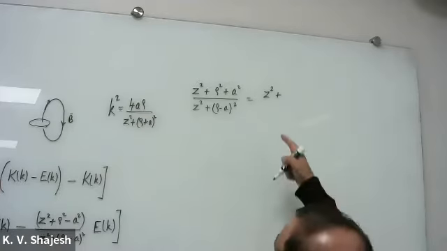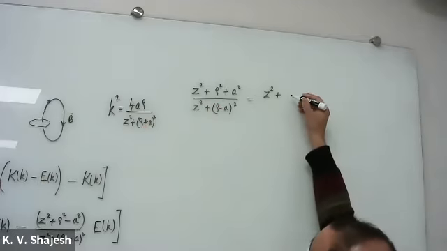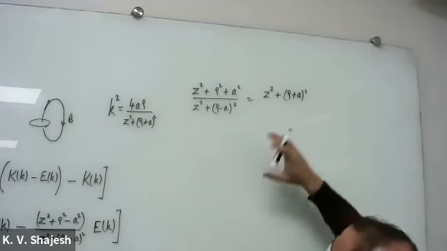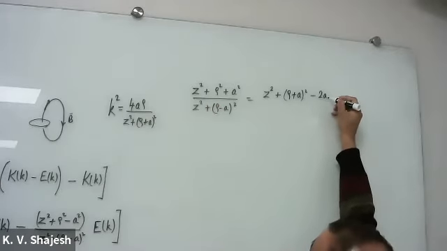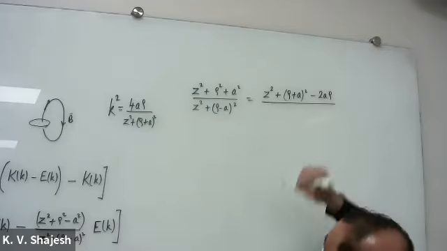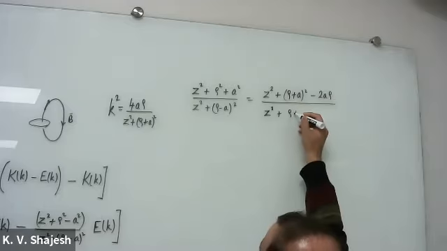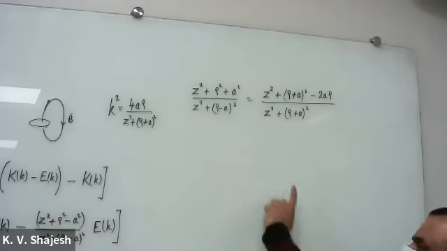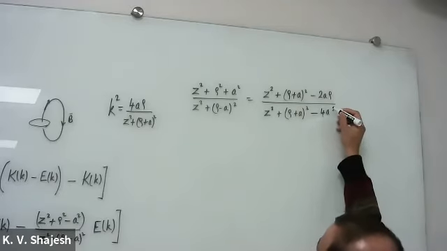It's pretty much manipulation here. We want to write this expression as much as possible in terms of k square. So I say this is rho plus a the whole square, so that I can get this denominator part there. But I have changed this, so I have to subtract 2a rho. Do the same thing in the denominator. I want to write it as rho plus a the whole square. But if I want to write that, there's already a minus 2a rho, I am adding a plus 2a rho, so that's a minus 4a rho.